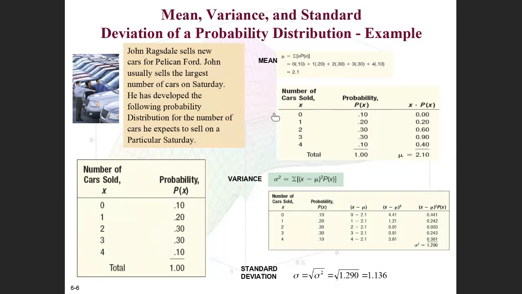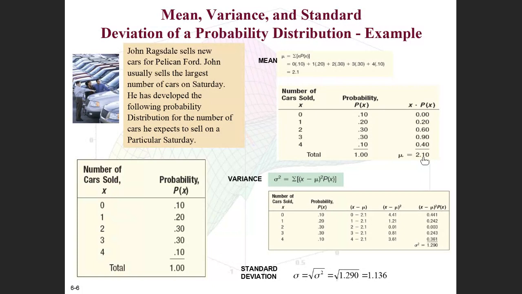So the number of cars sold, 0 to 4, we have the probability, and multiplying each by its probability we get these numbers. Remember, for the number 0, multiply that by 0.1, you get 0. So the mean comes up to 2.1.